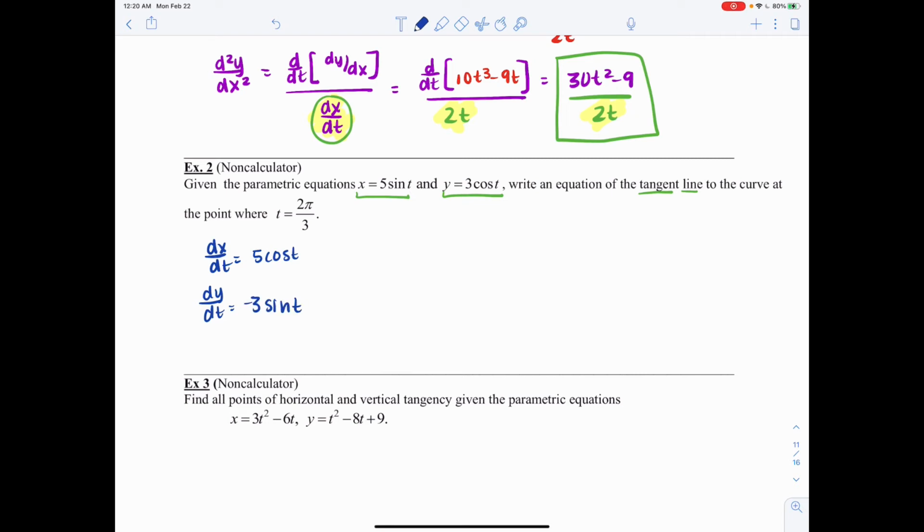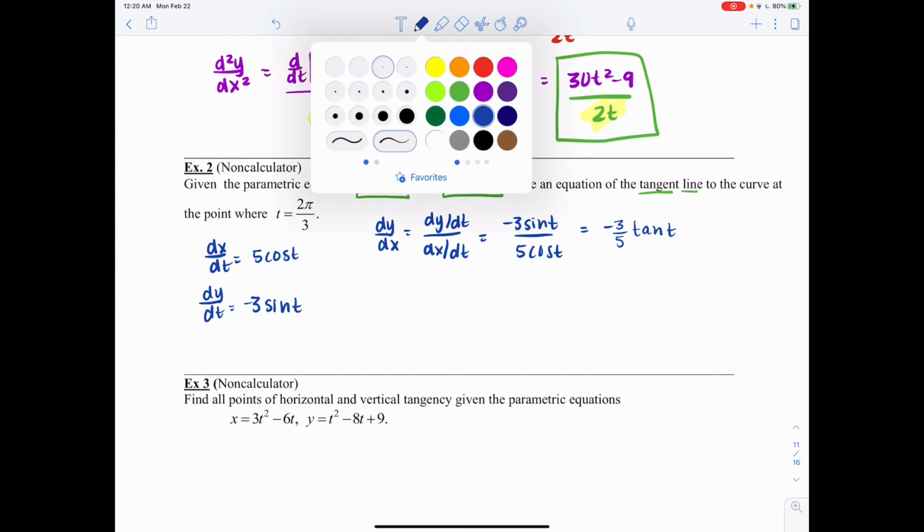So that means that dy dx will be dy dt over dx dt. So negative 3 sine t over 5 cosine t. Well, conveniently, that's actually negative 3/5 tangent of t. Not required, but fun to write.